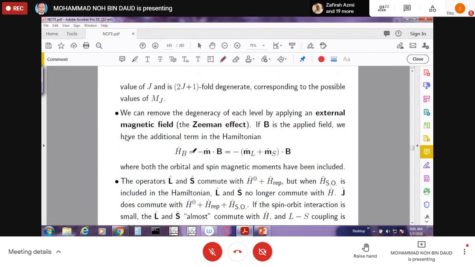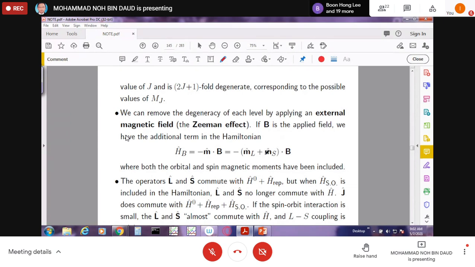The Hamiltonians for external magnetic fields. So we can see both the orbital and the spin here. This is the sum of the orbital and the spin magnetic moments.